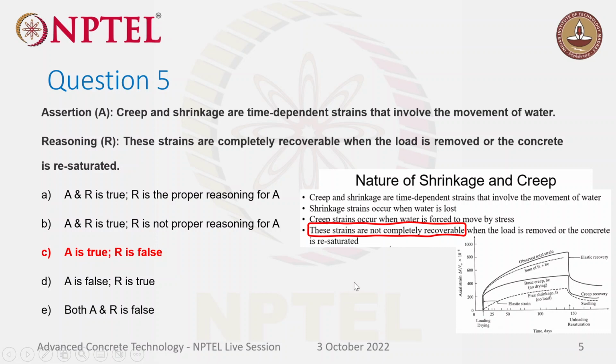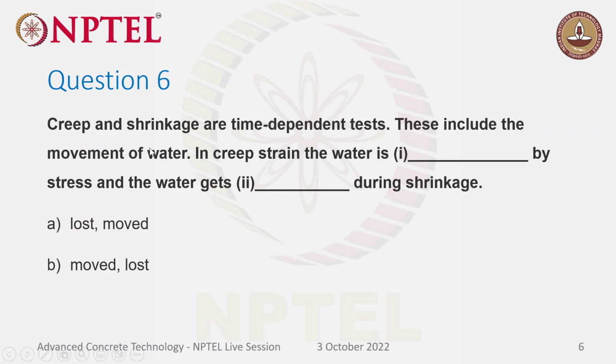So moving to question 6. Creep and shrinkage are time dependent strains. These include the movement of water, which you already know. In creep strain, the water is lost or moved by stress, and the water gets moved or lost during shrinkage.